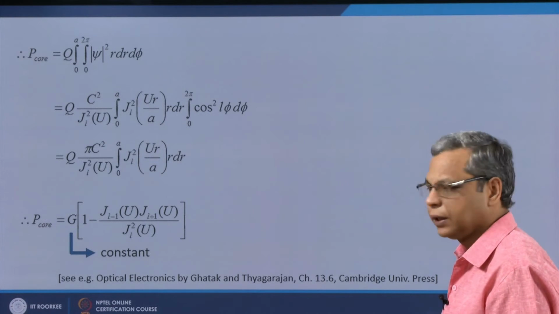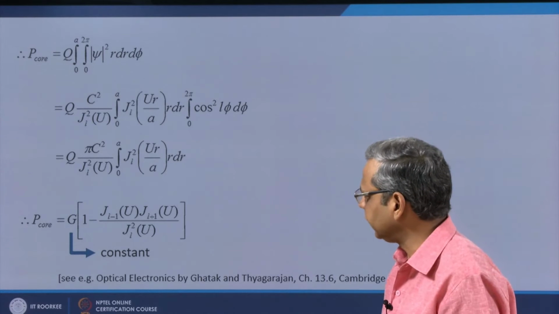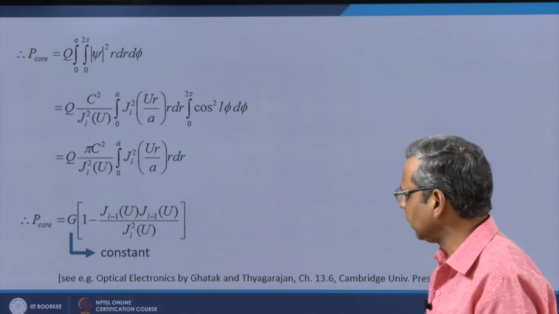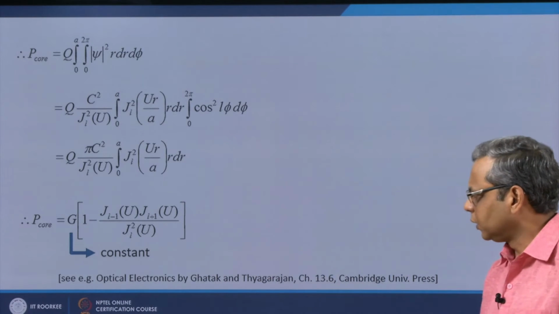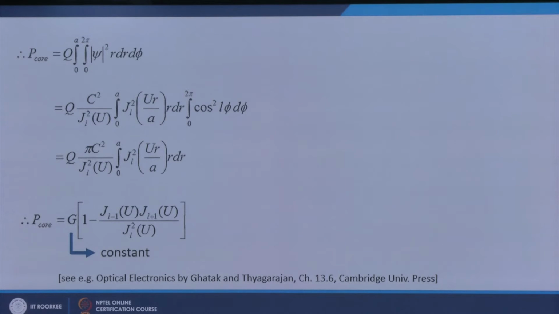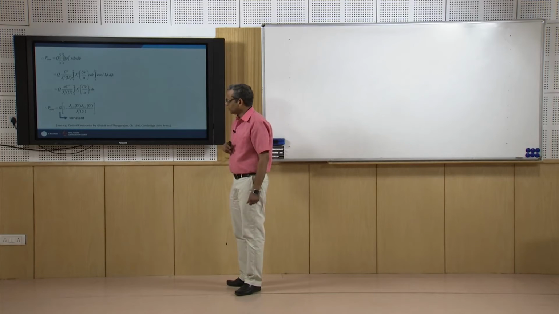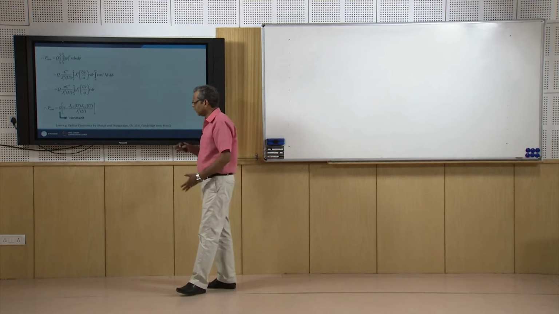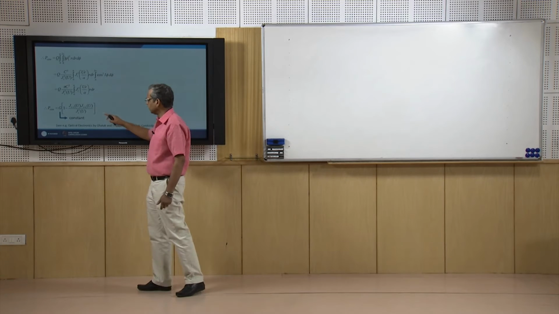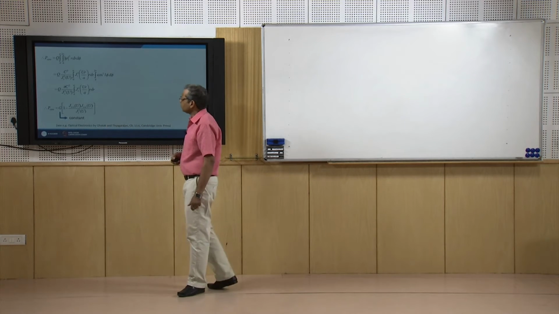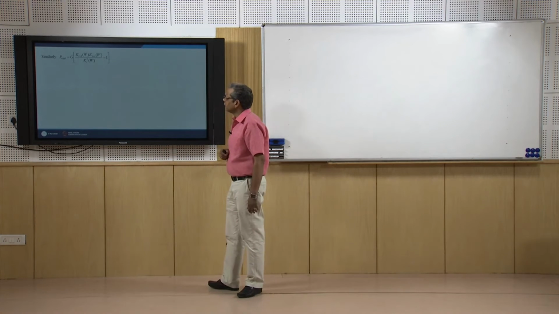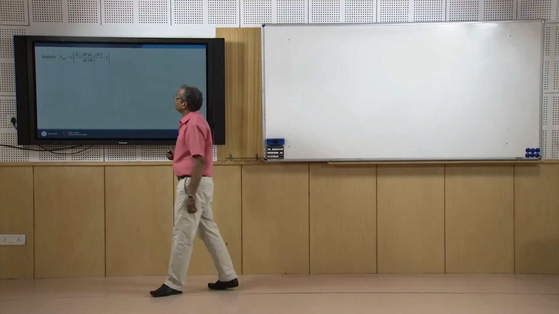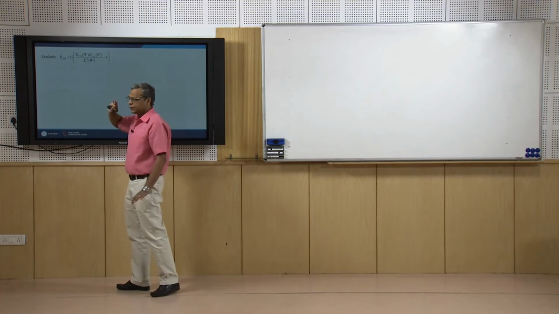If you are interested in the details of this, then you can refer to the book Optical Electronics by Ghatak and Thyagarajan, or to Introduction to Fiber Optics by Ghatak and Thyagarajan, any of these books. So, there are the details. Similarly, in the cladding I can get the power as this, where g is a constant.